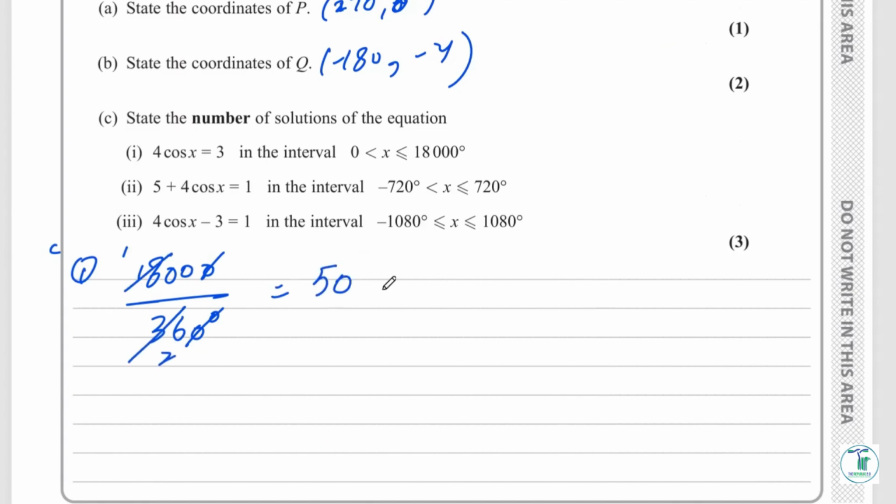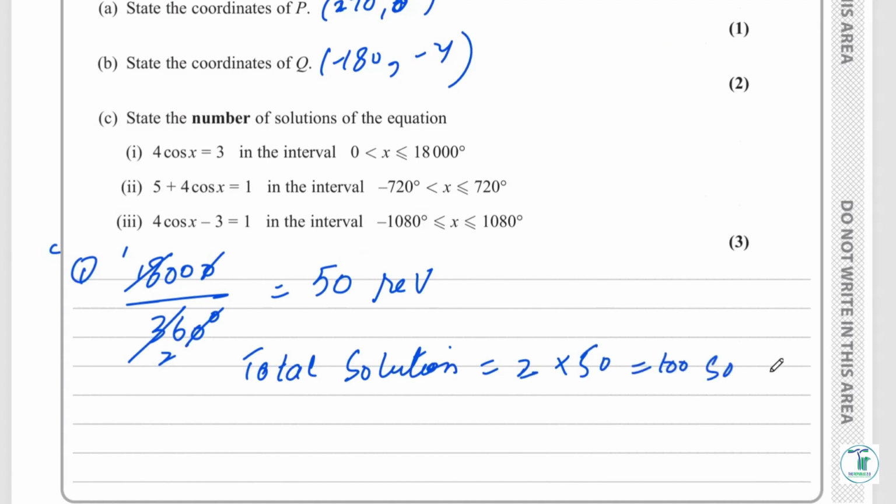So we have got 50 revolutions over here, right? And in one revolution, we've got 2 intercepts of x. So what does that mean for the total number of solutions? The total comes out to be 2 times 50, and that is 100. So we have got 100 solutions of this equation from 0 to 18,000.